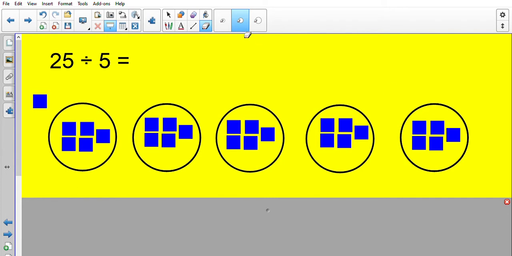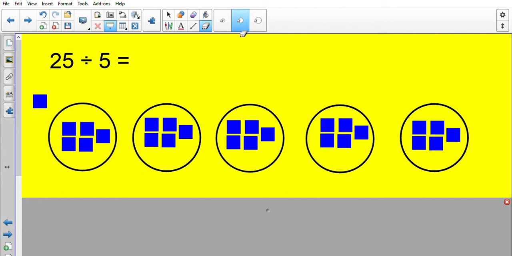Another way I could work it out would be counting in 5s and see how many 5s I could count in to get to 25. So count with me. 5, 10, 15, 20, 25. I've got my fingers in front of me so I can count how many 5s I did.